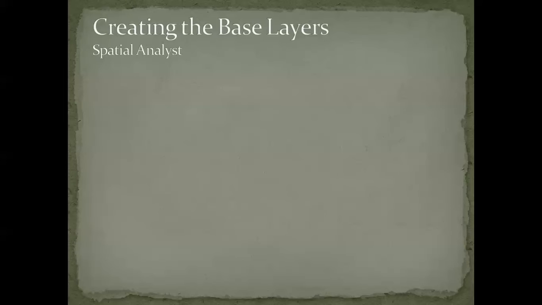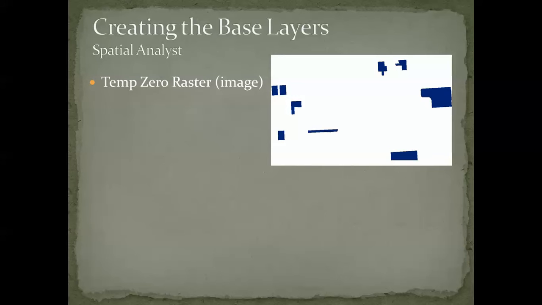Now, going back to our 3 rasters we need to create. First is the temporary zero raster. Now all this is the software taking a digital picture, if you will, of our vacant lots. If a vacant lot lays on top of a cell within the grid, inside the picture, it is assigned a value of 0. If it doesn't, then the cell is assigned a value of 1.